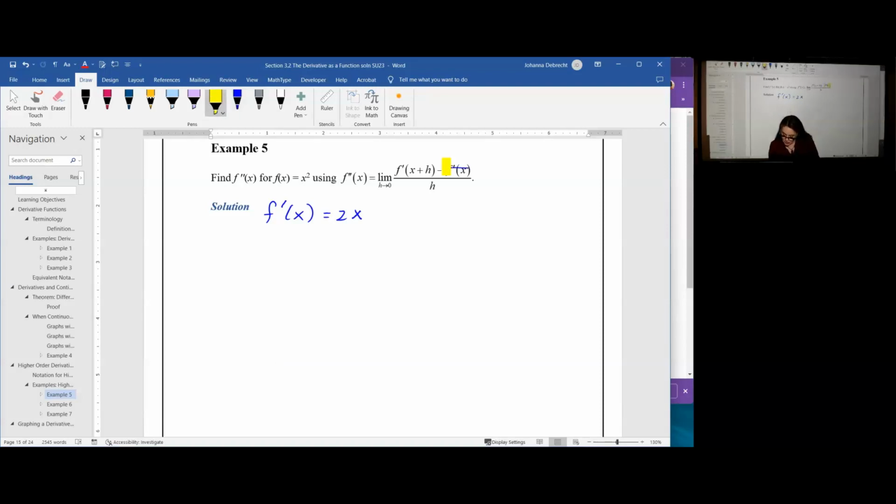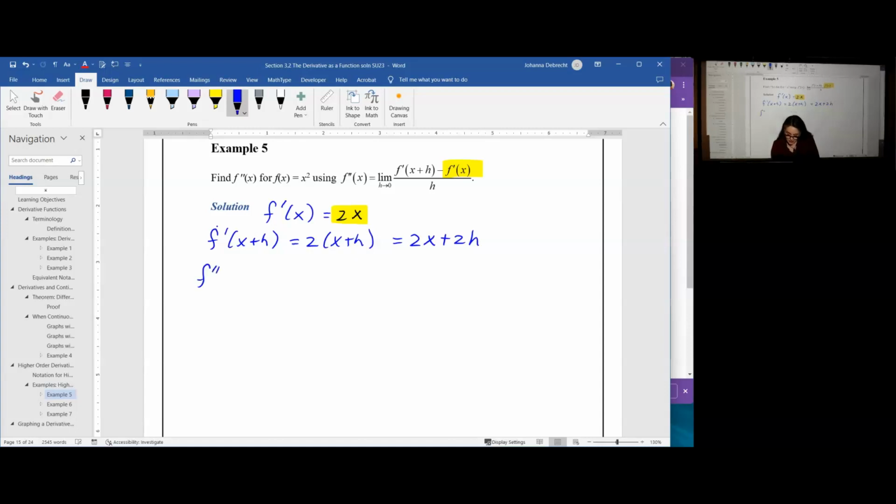Remember that I'll be using this definition here to replace the f prime of x. There we go. Let's now write f prime of x plus h. That means we replace the variable with the expression in parentheses, giving us 2x plus 2h.